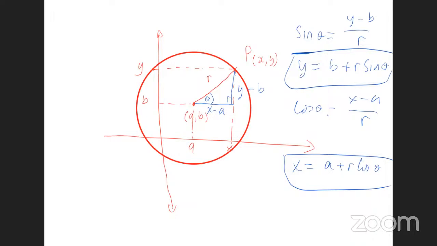All right, so that's the way you get the parametric equation of a circle, right? Copy down the work. Finish copying now. Let me give you an example. I'm moving slow.